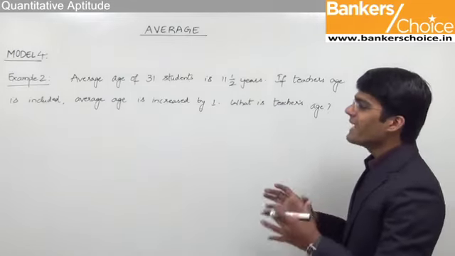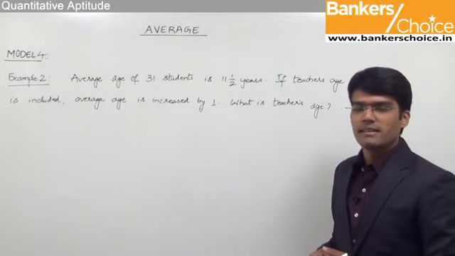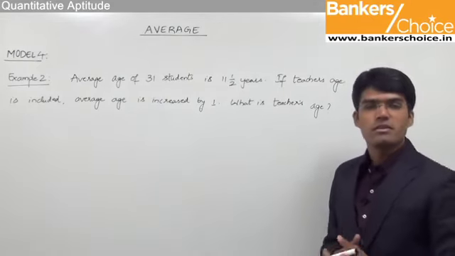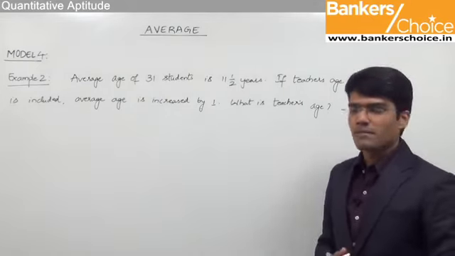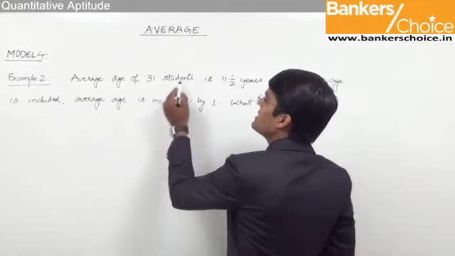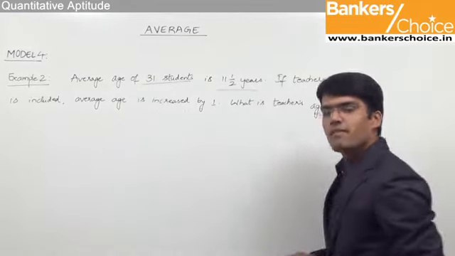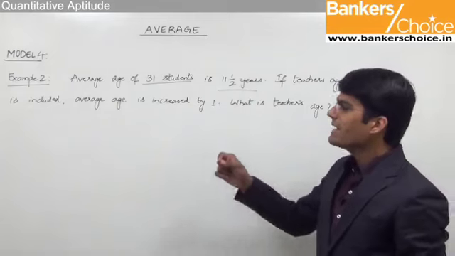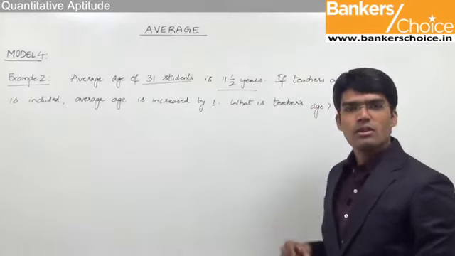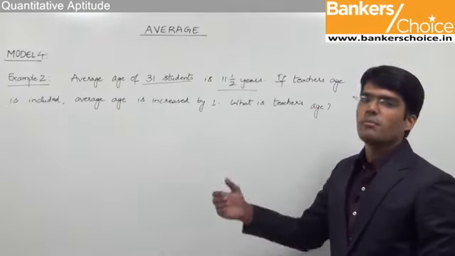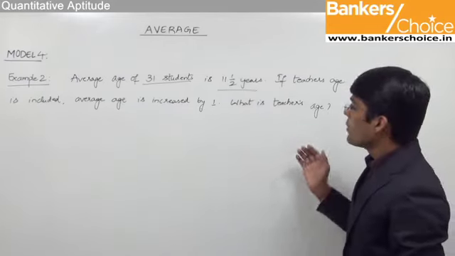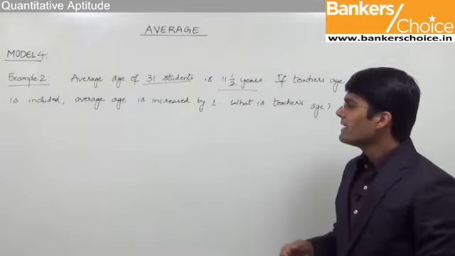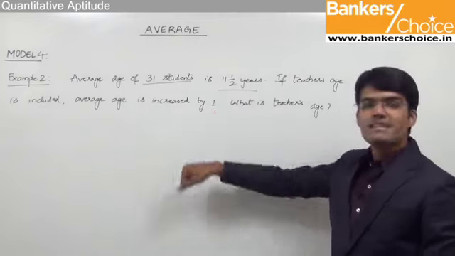Now, without wasting any time on the conventional method, let us understand how to solve this question in a smart way. We know that the average age of 31 students is 11.5 years. So the equal distribution for all the 31 students is 11.5 years. But once the teacher joins the group, the average age is increased by 1.